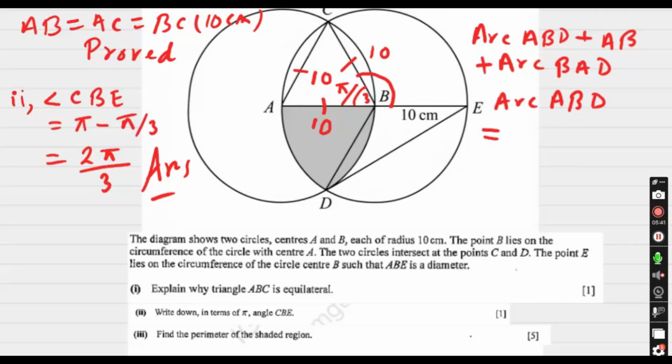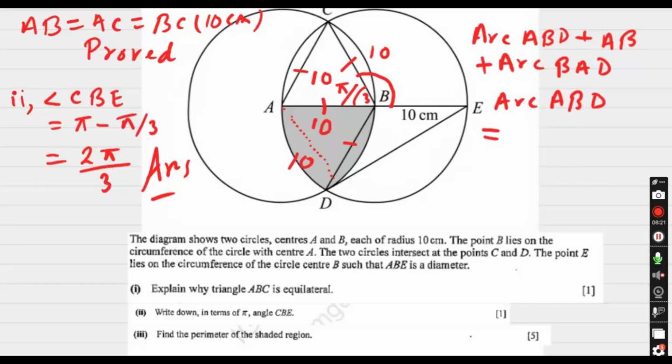is equal to, what is the formula of arc length? S is equal to r theta. So because the radius BA is 10 and the radius BD is also 10, because from the other circle whose center is B, the circumference point is D. So if we draw a line from A to D, this is also 10.